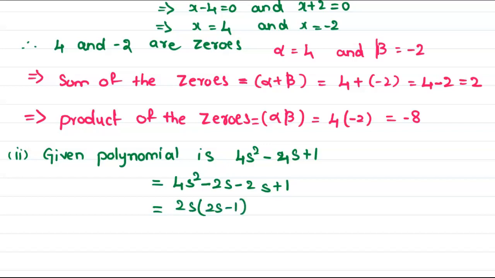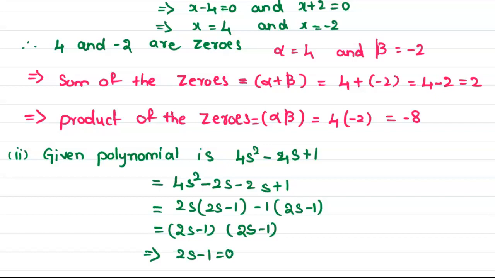Here we take out the common minus 1, so here also 2s minus 1. Again in this polynomial we take out the common 2s minus 1, and the remaining term is 2s minus 1. Now we equate to 0, that implies 2s minus 1 is equal to 0, and again 2s minus 1 is equal to 0.